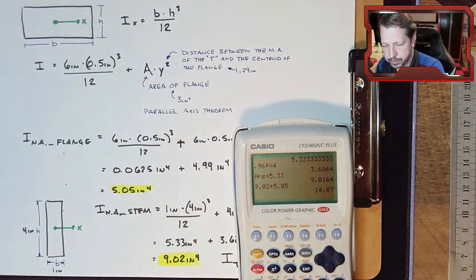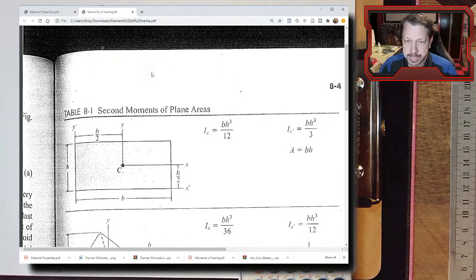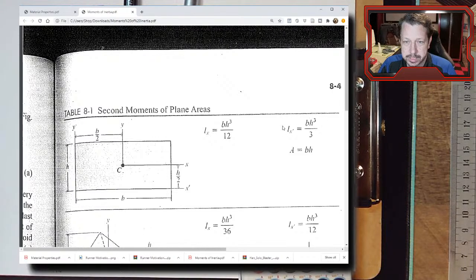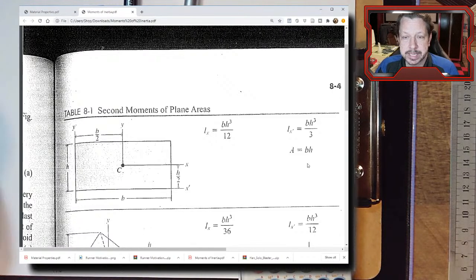Let's go back real quick to here. This Ix prime, that's at the x prime axis at the bottom here. You cannot use the parallel axis theorem on this x prime equation or any of these x prime equations. Basically, they have already had the parallel axis theorem applied. That's how they were generated.